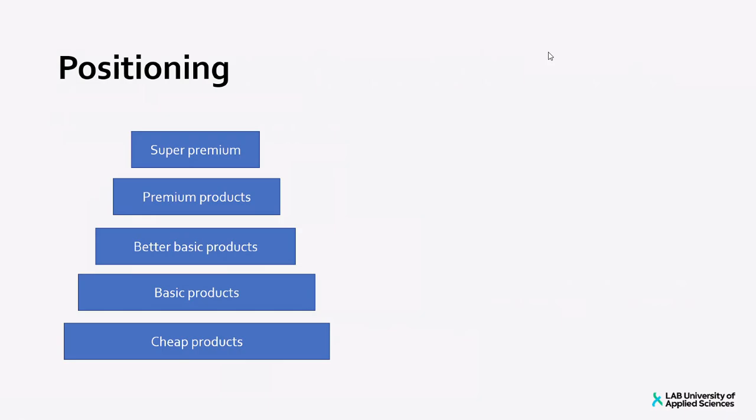Then there are products better than the basic, for example the branded basic brand with a specific flavor. Then we continue to the premium products, for example having biological potatoes, and then we have super premium, where there's something very, very special.